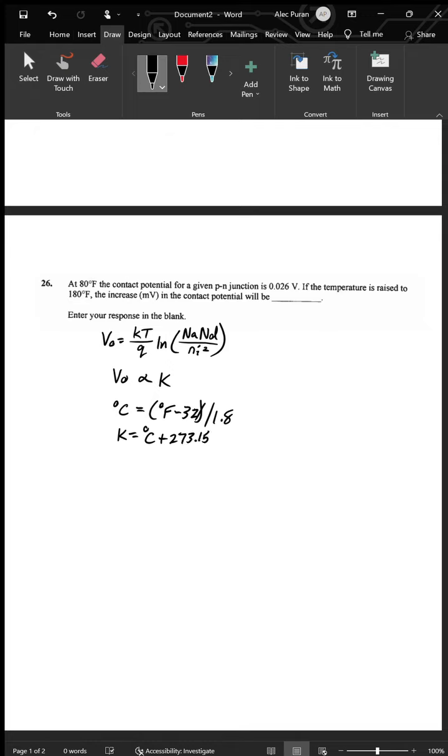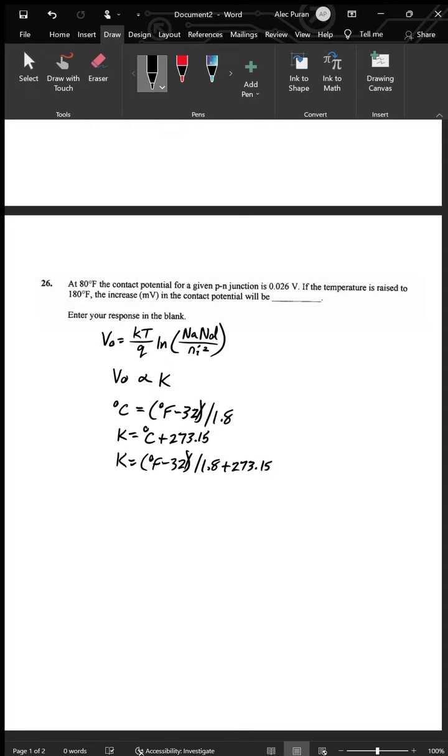So knowing this information, Kelvin equals degrees Fahrenheit minus 32 over 1.8 plus 273.15.